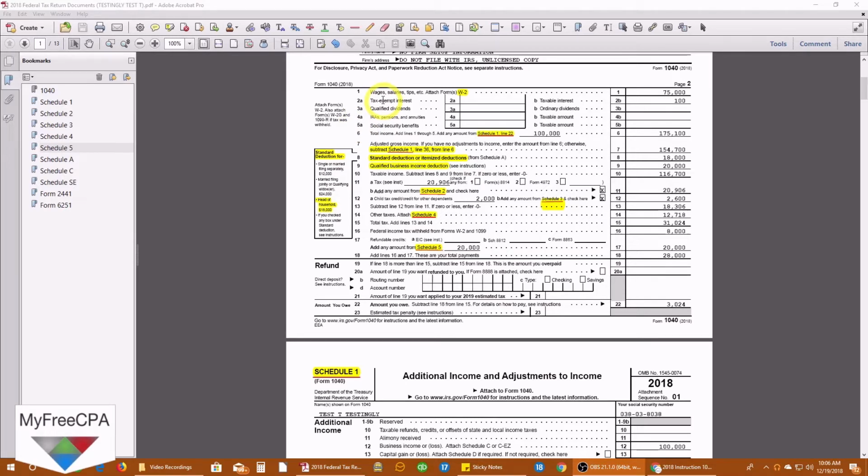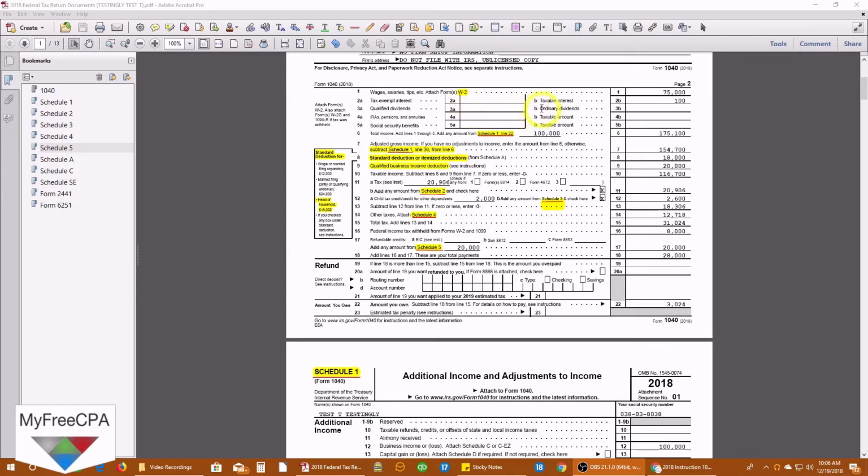Let's start with our income. Line 1, W-2 income. Most of us are employees, so our income is on a W-2. Any W-2 wages are going to go here, followed by interest. If it's taxable, it's going to go here. If it's not, it's going to go in this box. Qualified dividends go here, which means you qualify for a capital gains rate.